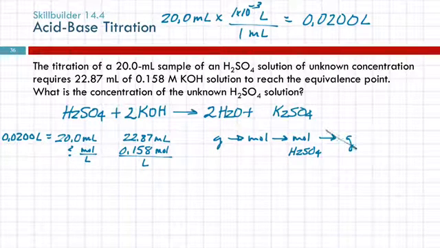So we don't need this last term. We're going grams to moles. But they didn't give us grams of KOH, did they? So solution stoichiometry, instead of starting with grams, we're starting with a volume. We can use this concentration to change this volume into moles of KOH.